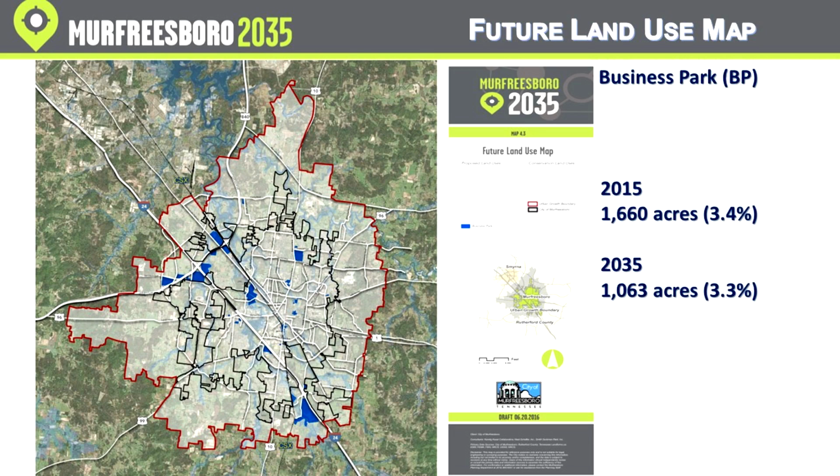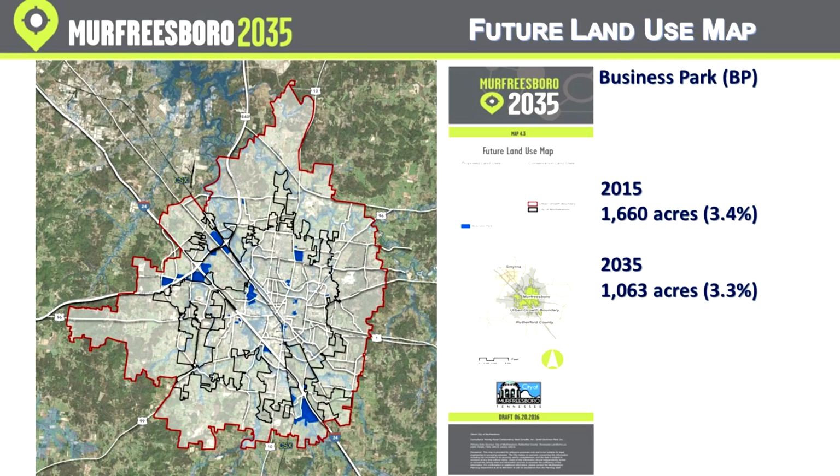Originally, as you may remember, we had included light industrial with business park, and we've since, in working with city staff, the planning department, decided to not have light industrial in the business park. We usually build light industrial into a business park or office park land use classification because it is somewhat suburban in character, and in doing that, you can ensure a higher quality of light industrial development.